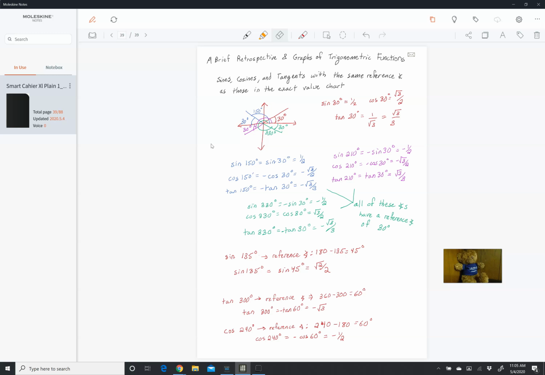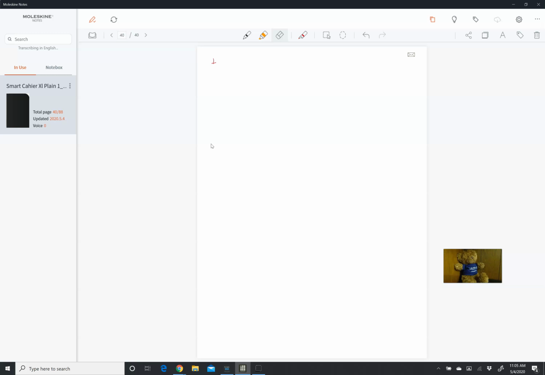Let's say that we know sine of theta is equal to 3 over 5, and it terminates in quadrant 4.